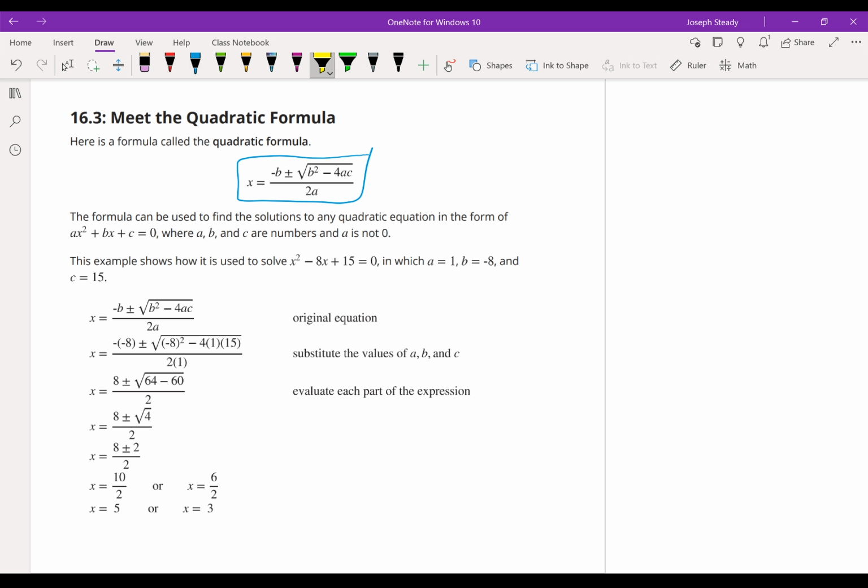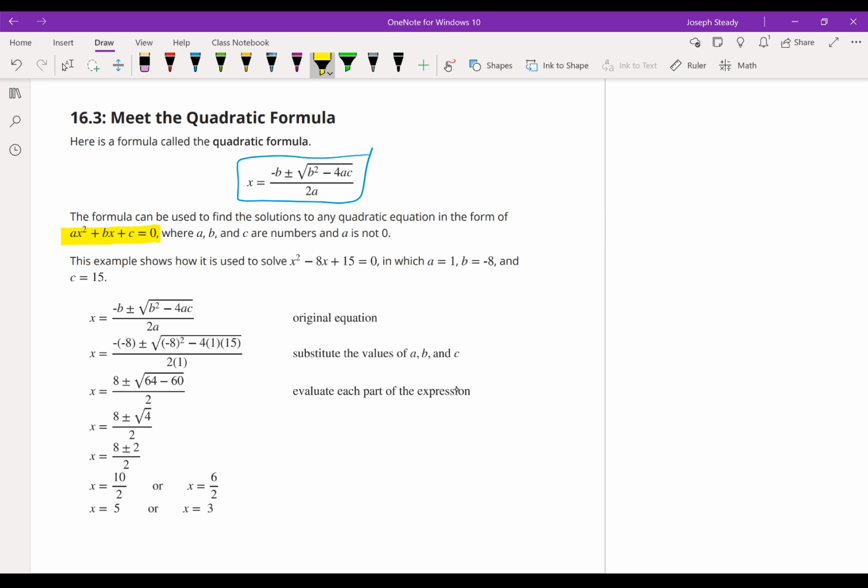Well, A, B, and C are going to come from the problem itself. And it is very important when we are using the quadratic formula that this is always our starting point. We must make our equation look like ax squared plus bx plus c equals 0.